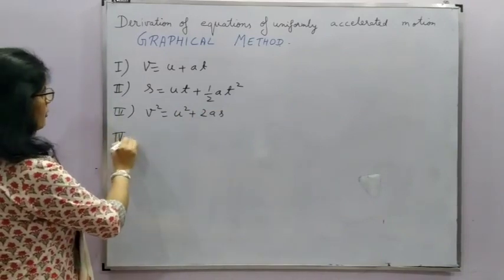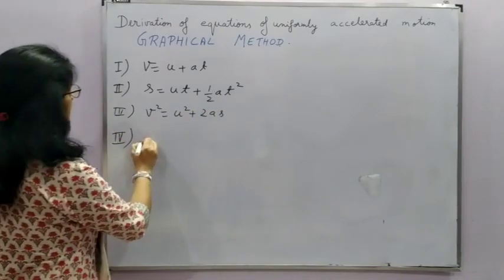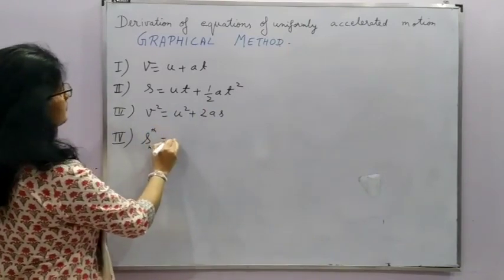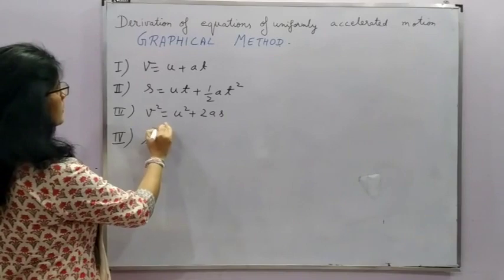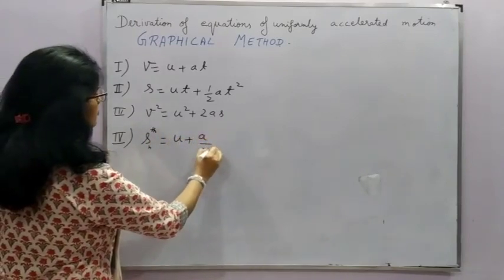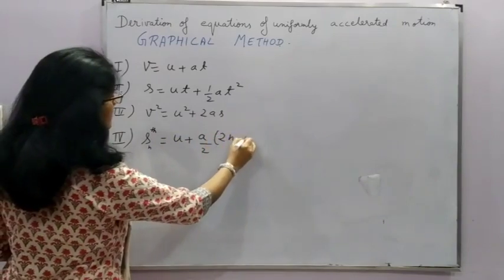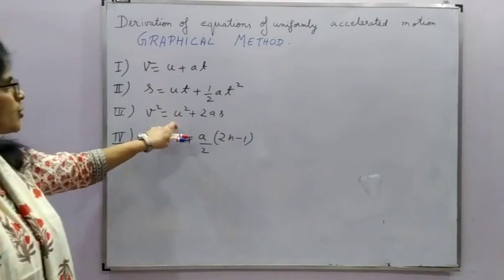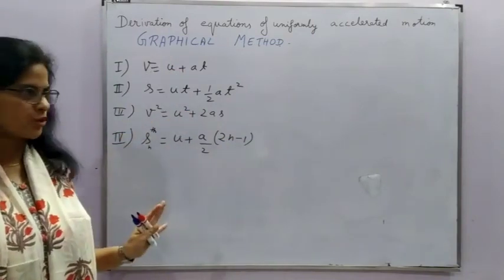The fourth equation of motion is distance travelled in nth second is equal to u plus a by 2 times (2n minus 1), right? And these equations of motion are for uniformly accelerated motion.